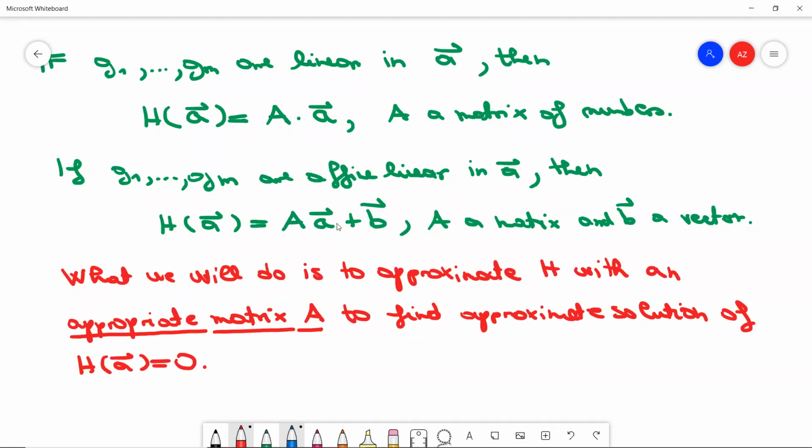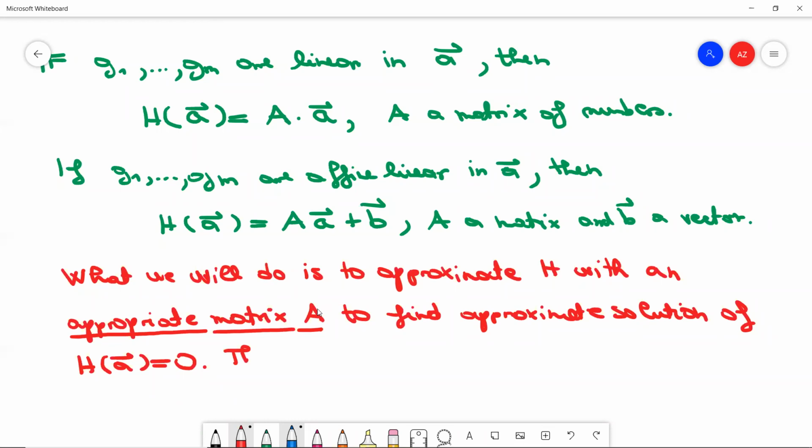So it won't be enough to do one approximation and then solve the approximated linear system. What we will get will be a good approximate of the true solution of H of A is equal to 0. So this won't be enough. Some iterative way of doing this will be needed. So this matrix A will change from step to step.